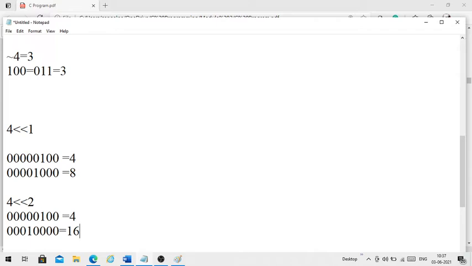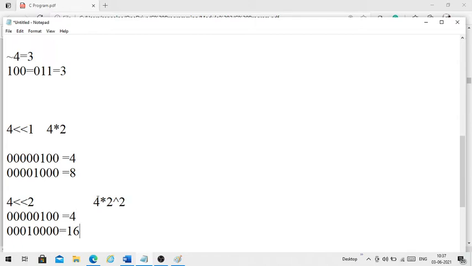So if I shift 1 time, it's the same as 4 being multiplied by 2. 4 2s are 8. If I shift 2 times, it means 4 is being multiplied by 2 square. 2 square is 4, and 4 into 4 is 16.